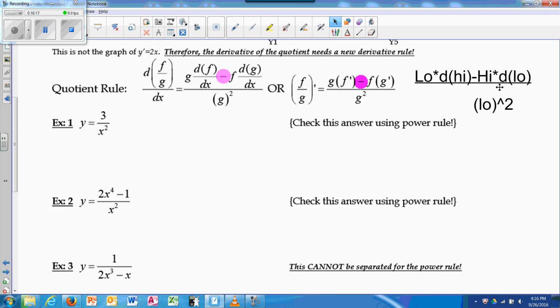Okay, so you're taking two derivatives, just like you did before. One derivative of the first, one derivative of the second, and that's your numerator. Your denominator is not a derivative.